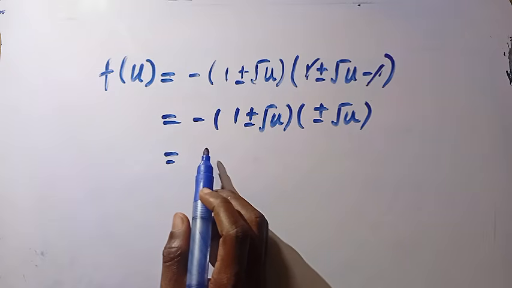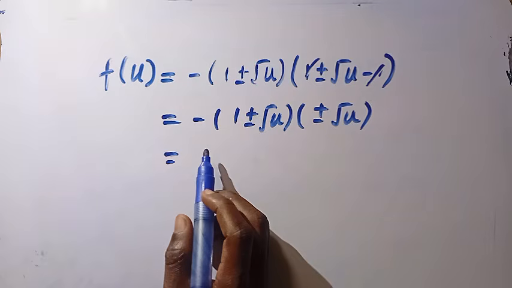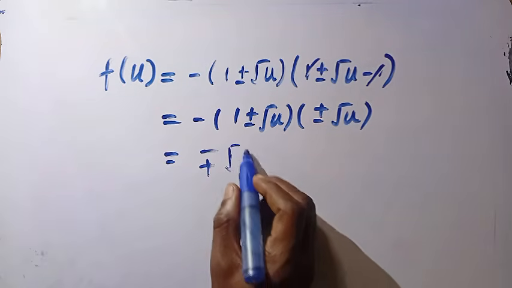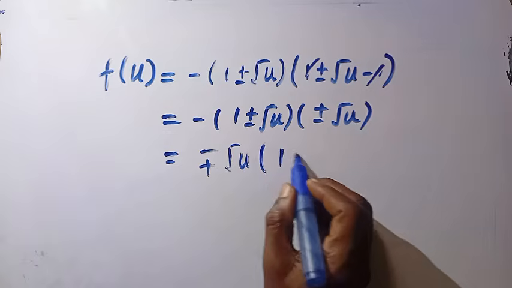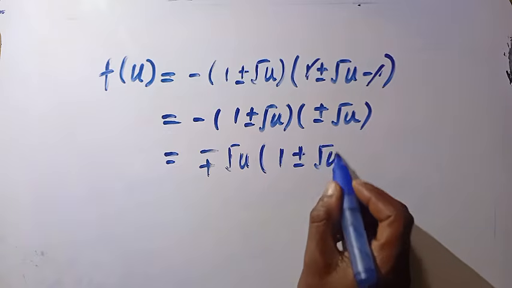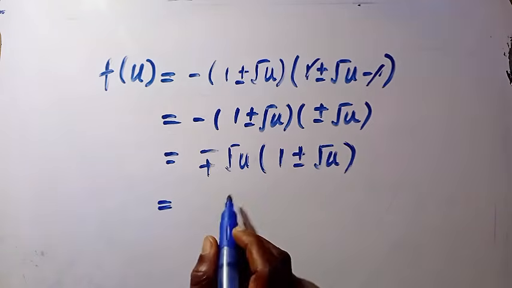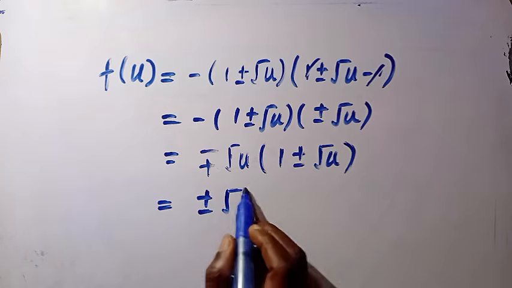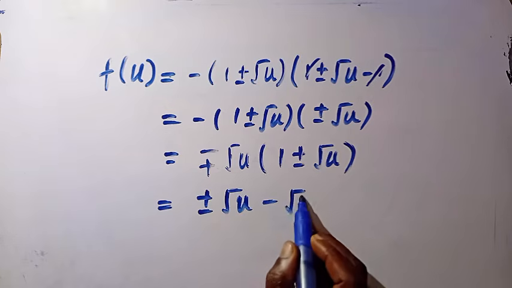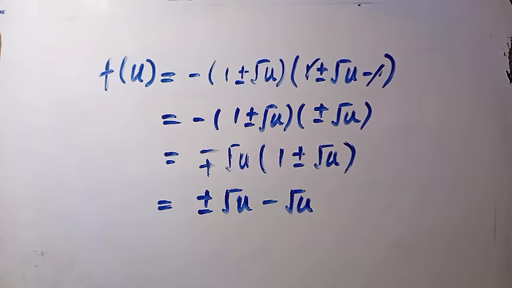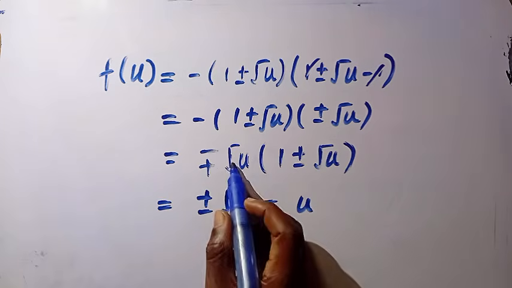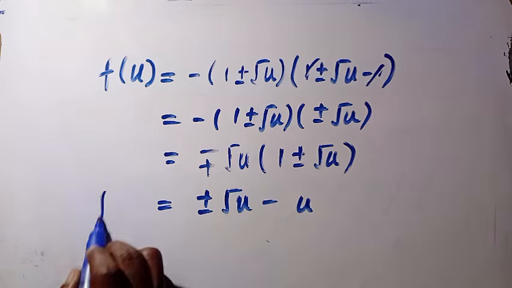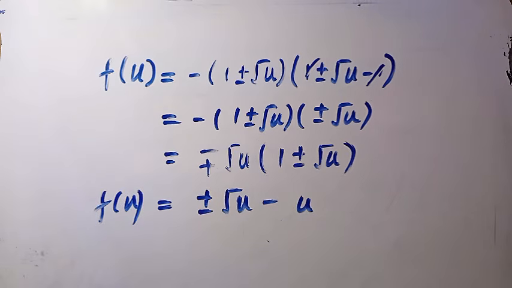I can also rewrite this in the form of minus plus square root of u into bracket of 1 plus minus square root of u. And again, the whole of this becomes plus or minus square root of u minus u, because square root of u multiplied by square root of u gives us u. And this is the result for f of u.